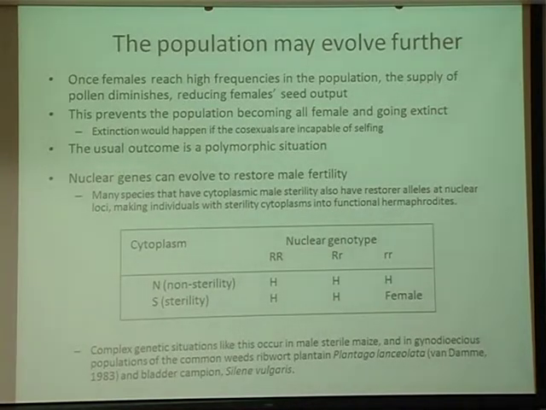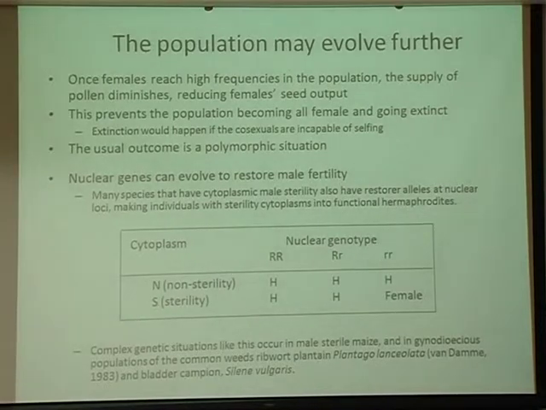So you can end up with a situation with two cytoplasmic genotypes, sterility and non-sterility, and nuclear genotypes at a locus which is called R, for restoration of male fertility. Let's just assume that we have two alleles and one is dominant. You might have a situation like this where only little r individuals that have the sterility cytoplasm are actually female.